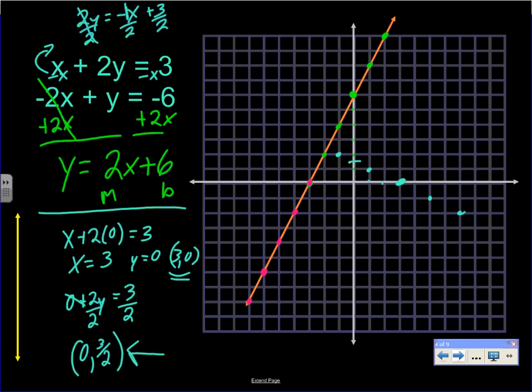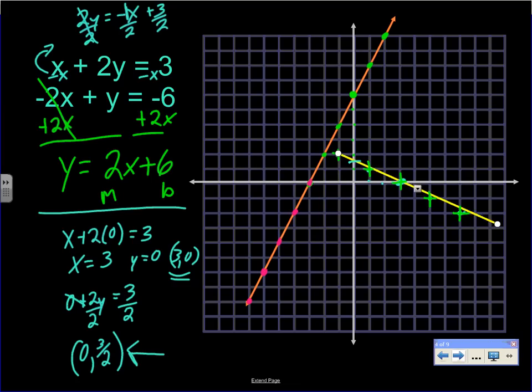And I did that because these points that I just plotted are right in between those grid lines. And if we look, that y-intercept right there, we're close to 1.5, but we're not exact there. But with these points that I just put on there, we are exact because it's crossing the grid lines exactly.